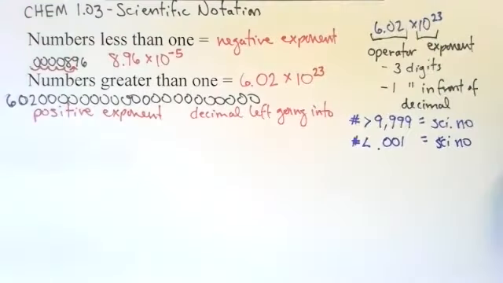This isn't a law of science rule, this is a me rule. So on my test, if the answer is 101,250 and you don't put it into scientific notation, you'll take a half-point ding. Or if you put in 0.00062, I'll ding you for not putting it into scientific notation, because it makes it really difficult to grade these big numbers and small numbers. So this is a me thing.